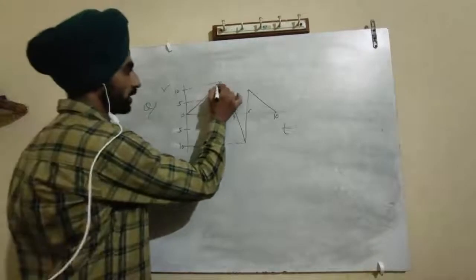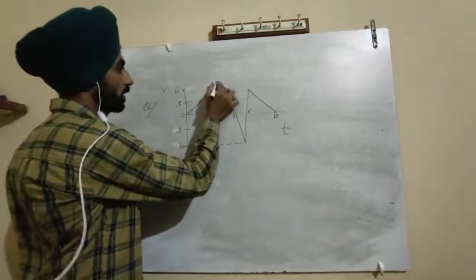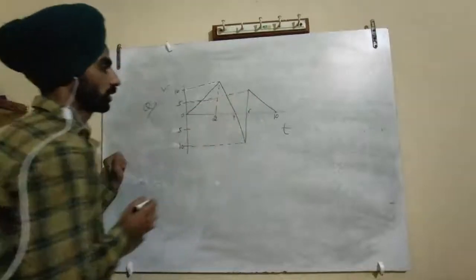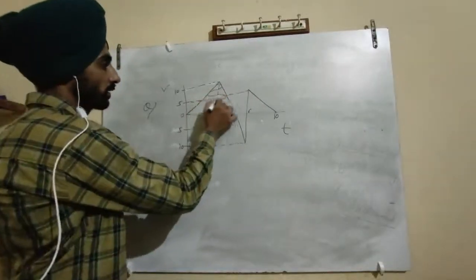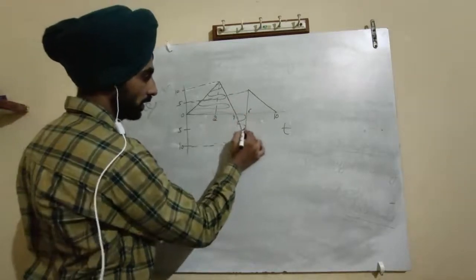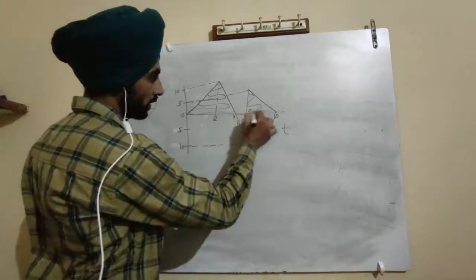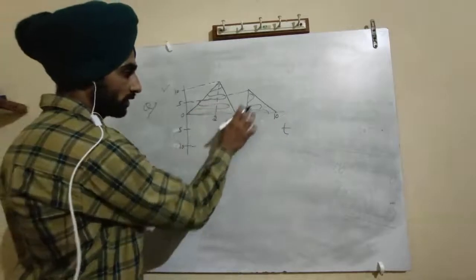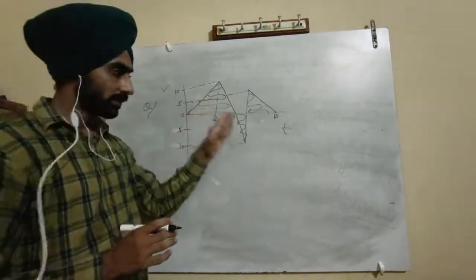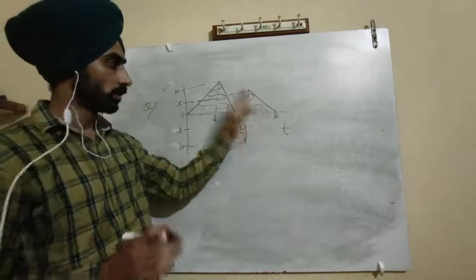So this is the area. It's having a value of 10. It's having a value of 5. So this is the area that is covered under the VT graph: this area plus this area plus this area. Find all the three areas. Each area will give a displacement.